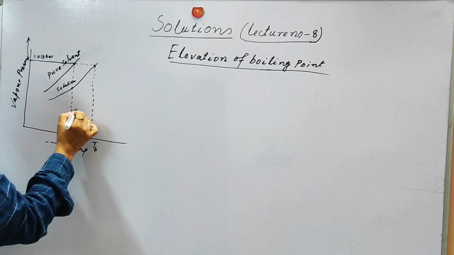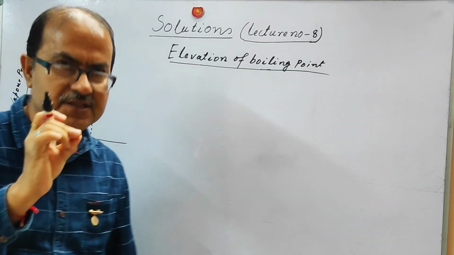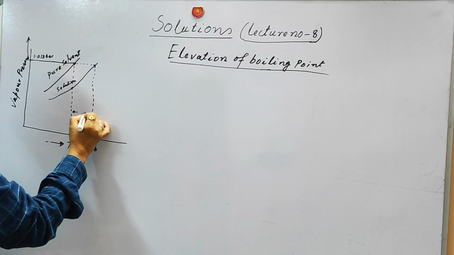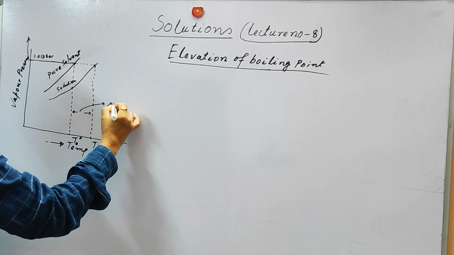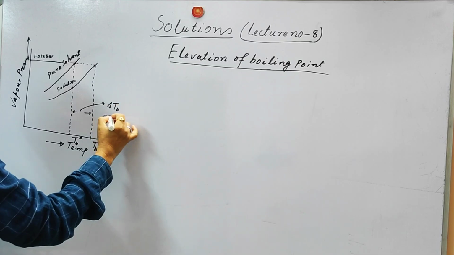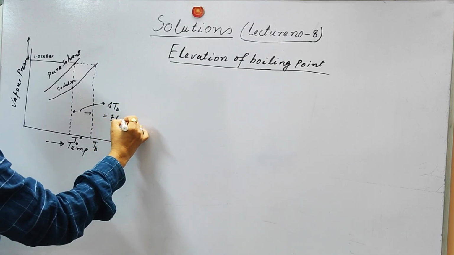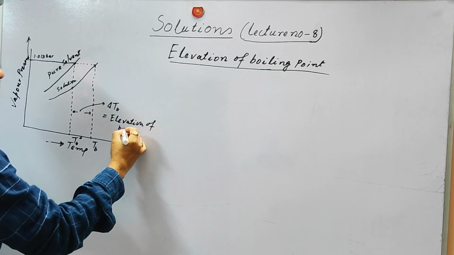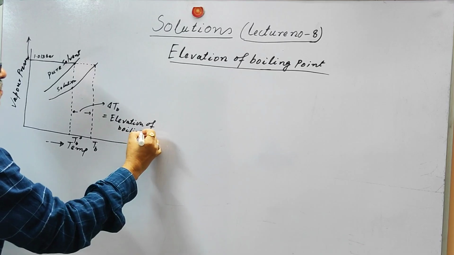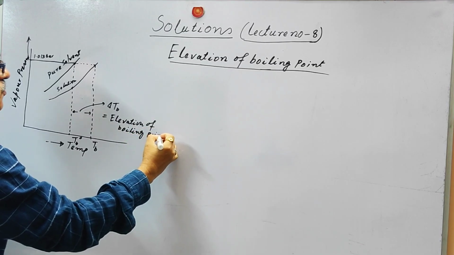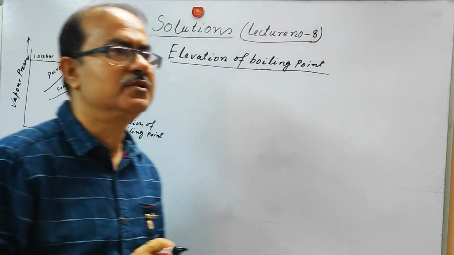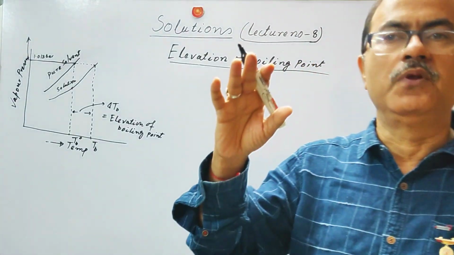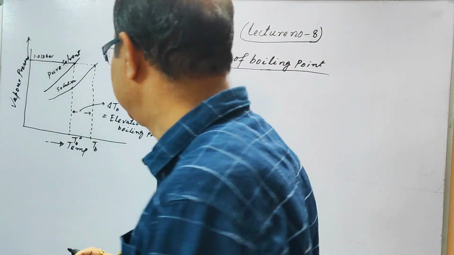So you can easily understand that there is an elevation or increase of the boiling point. This elevation of the boiling point is this. We say it is delta TB, the elevation of boiling point. So the boiling point increases with the inclusion of the non-volatile substance, which is attributed to the lowering of the vapor pressure of the solution.